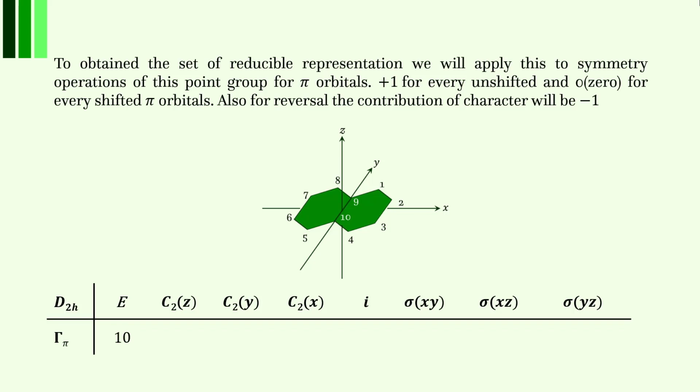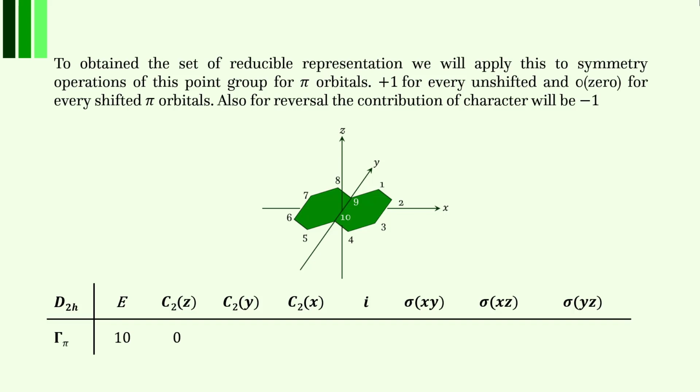As far as the C2 along the z-axis is concerned, if we do the rotation by 180 degrees about the z-axis, as you can see in the figure, all the atoms would get shifted and therefore the contribution would obviously be 0. When you talk about the y-axis, you can see that the y-axis passes between the two atoms, 9th and 10th.